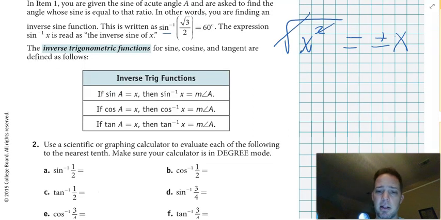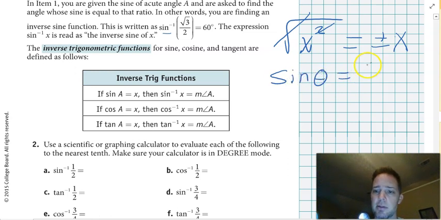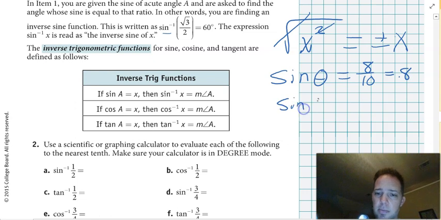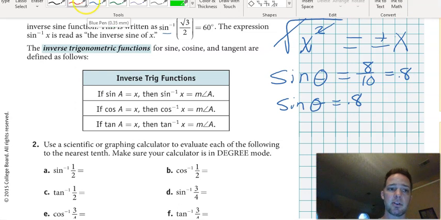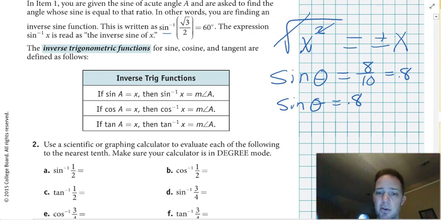So just to be clear, let's say I have an equation set up that says sine of some unknown angle equals 8/10 or 0.8. All right, so sine of an angle equals 0.8. If you want to solve for this angle, you need to do the inverse of the sine function. So you could do the sine inverse of both sides of the equation.